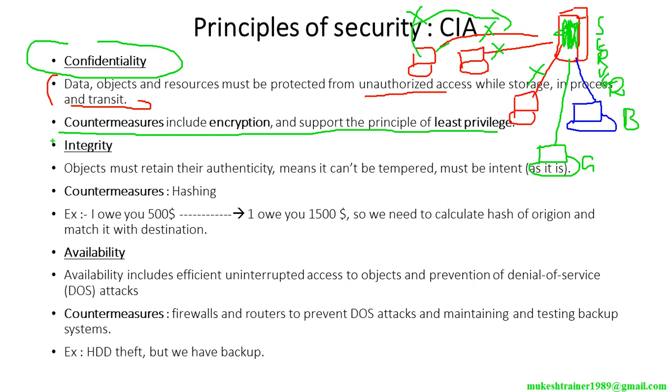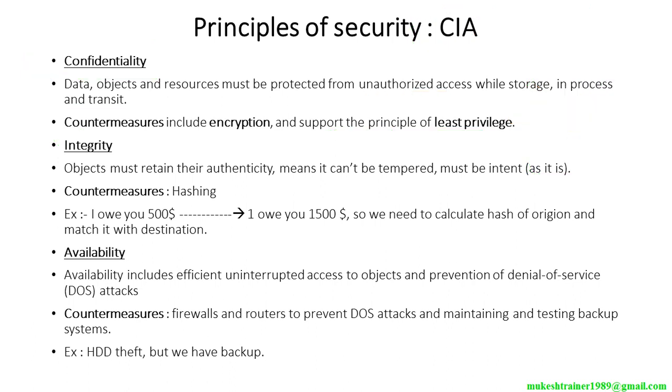Next thing is integrity. What is integrity? Integrity is like there is user number 1 and there is user number 2. User 1 is sending him 500 USD and he received 1500. That's actually not the question. The question here is he is sending 500, he should receive the 500 only.